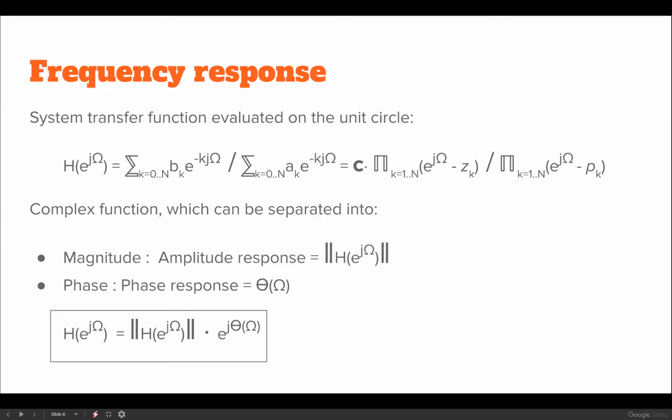Then you have that first formula for the frequency response, and you also have the other formula, the product formula, which ties it to the zero-pole plane.